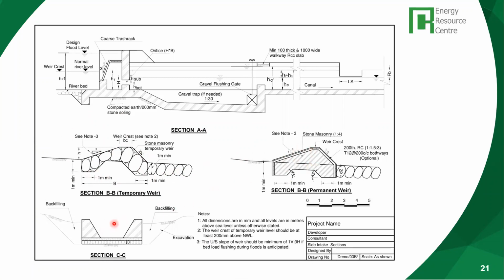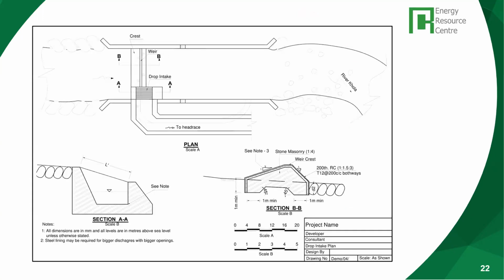These drawings are used for two purposes. One, they are used when you are going to construct it. Maybe there will be more detailed drawings in the construction period, but these drawings can help you calculate the cost and the quantity of the materials needed. So these drawings have to meet that purpose.